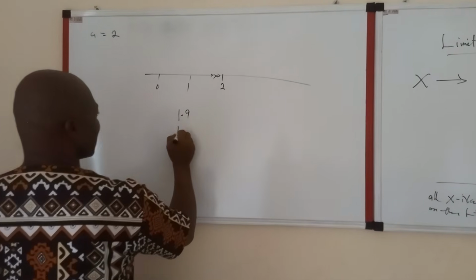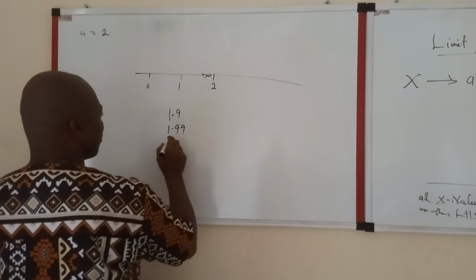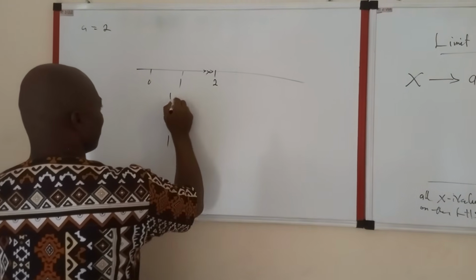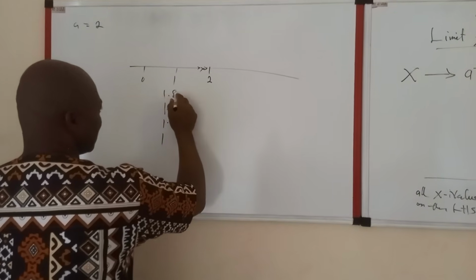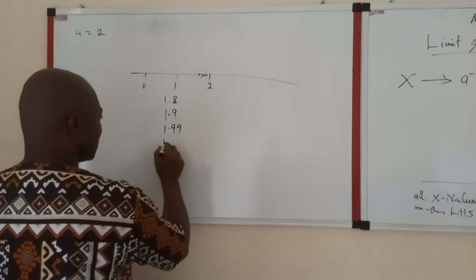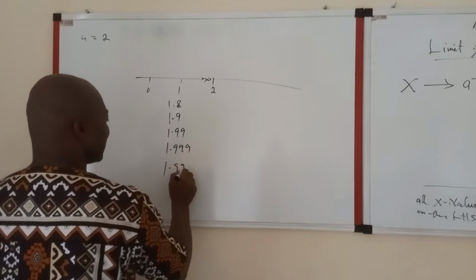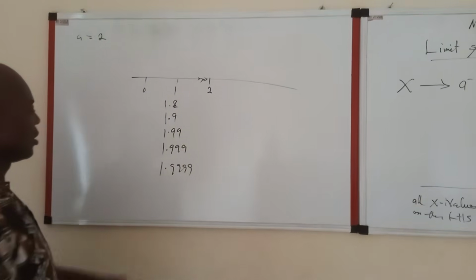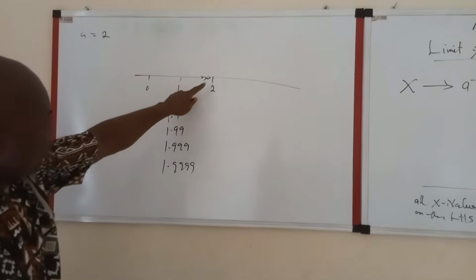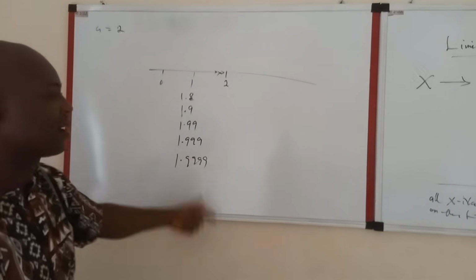One can also say 1.99. One can say 1.8. If you say 1.8, that is also close, though a bit far compared to the others. Then one can say 1.999, then 1.9999. All these are very close, but not on the point 2, but very close to 2.